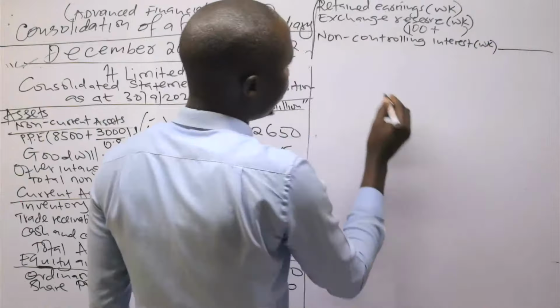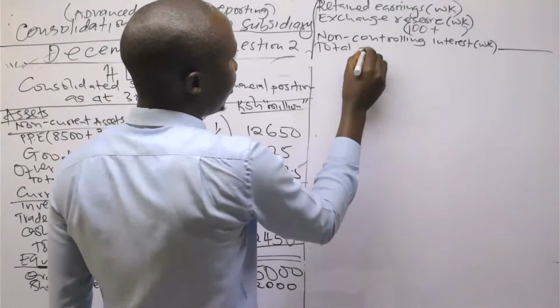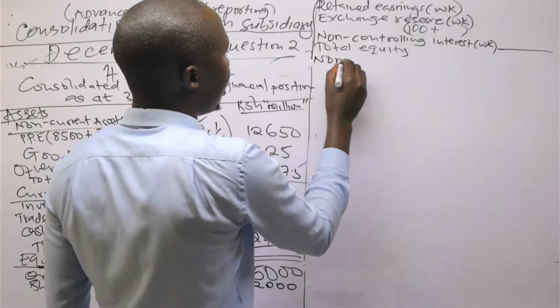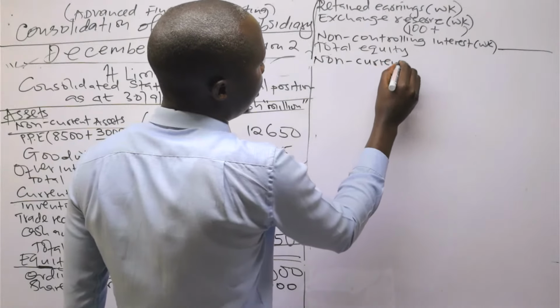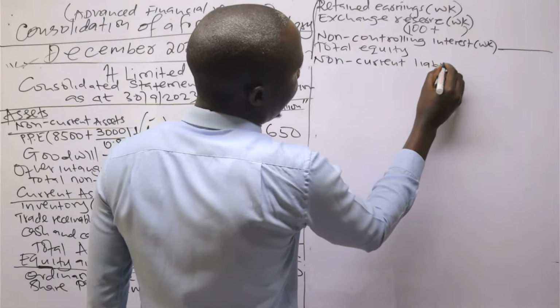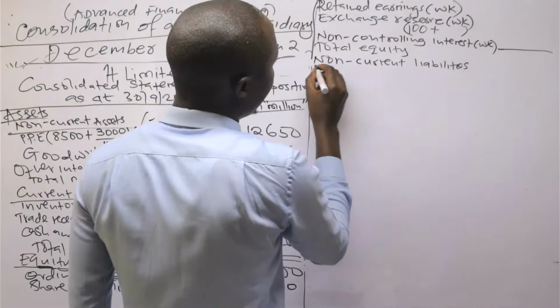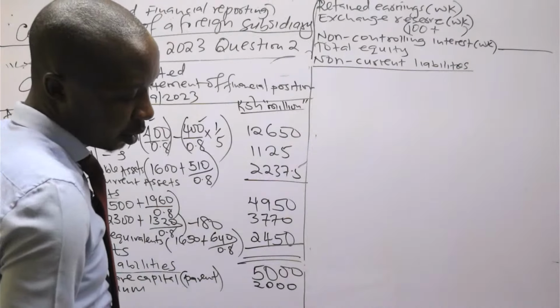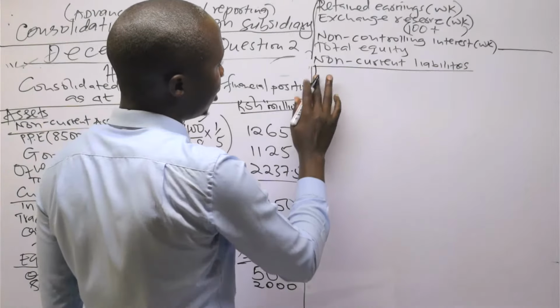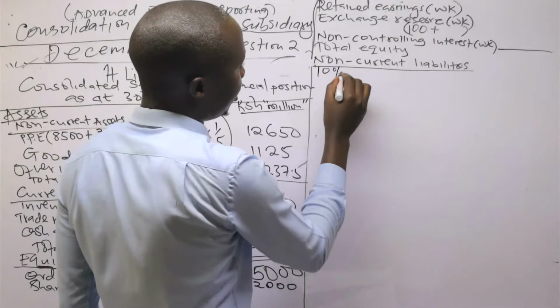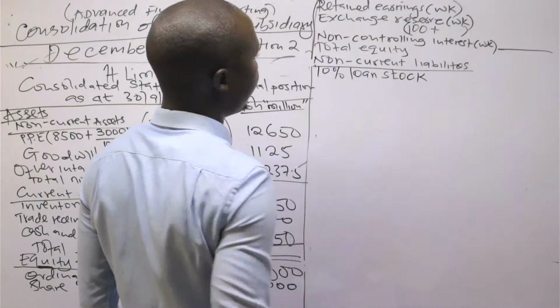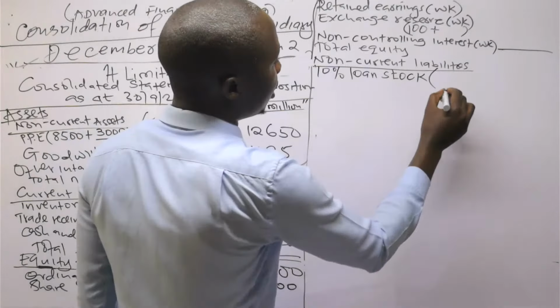Up to that point, we have total equity. After total equity, I have to record non-current liabilities. For the non-current liabilities, we have the 10% loan stock.